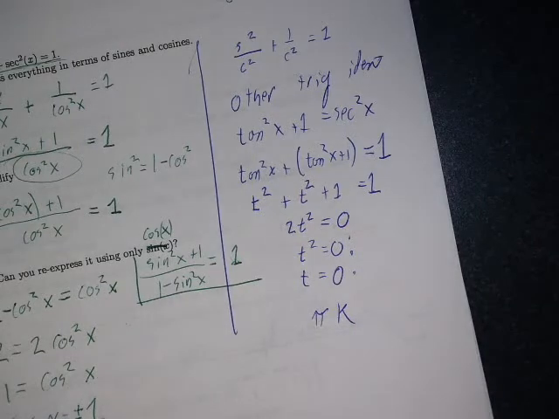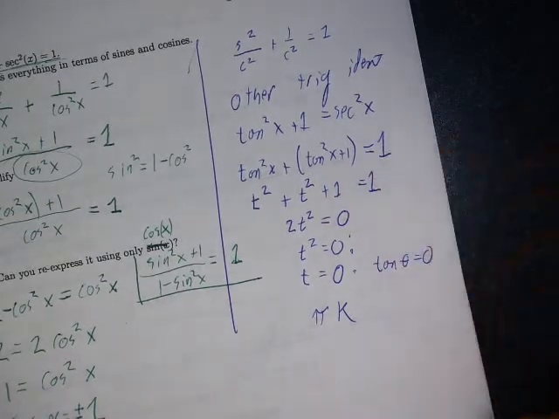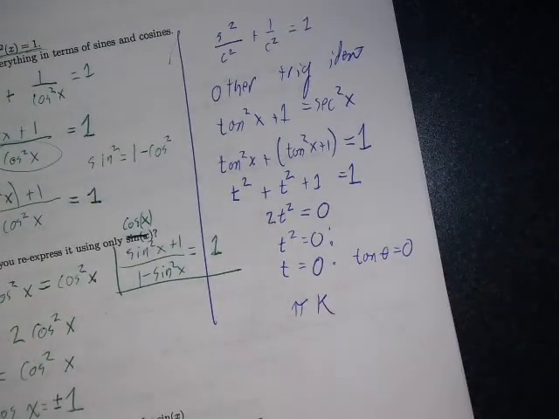So you just need to solve tangent of theta equal to 0. And you can play the same game. What is a point on the unit circle you see with tangent equal to 0? 0, I guess? And once you find one solution, you find all of them because it's tangent.